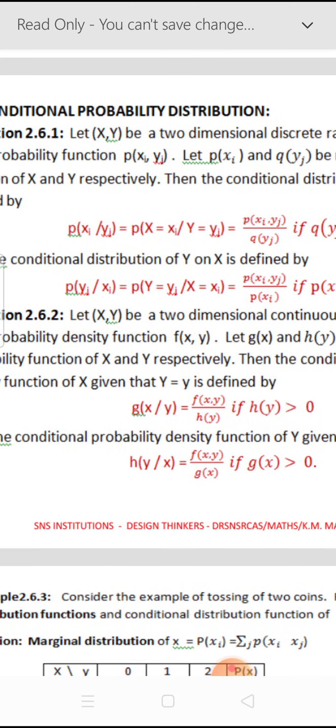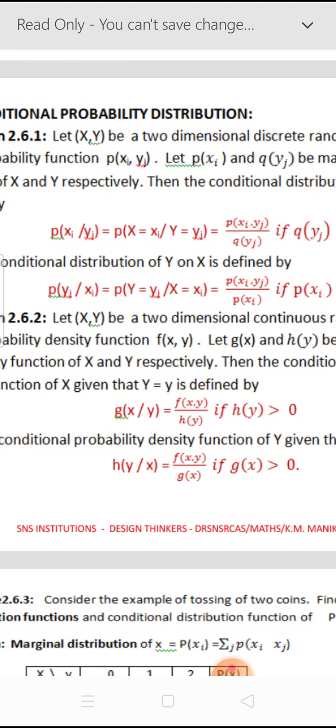So this means that while we are finding the conditional distribution of X on Y, we have to divide the probability function p(xi, yj) by the marginal distribution of Y. To find the conditional distribution of Y on X, you have to divide the probability by the marginal distribution of X, namely p(xi).